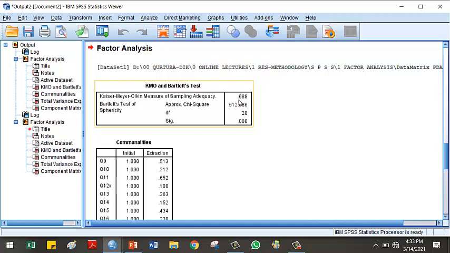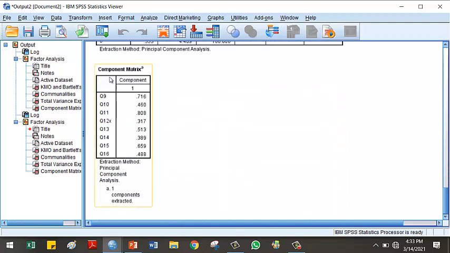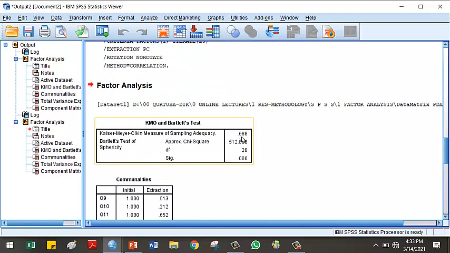Here we can see that the KMO result is 0.68, while we know that we are using 0.7 as the minimum score for KMO. So it means that there must be some problem with some question. In the component matrix, we can see that question number 12 has a score lower than the required 0.4. That is why the KMO is coming less than 0.7.